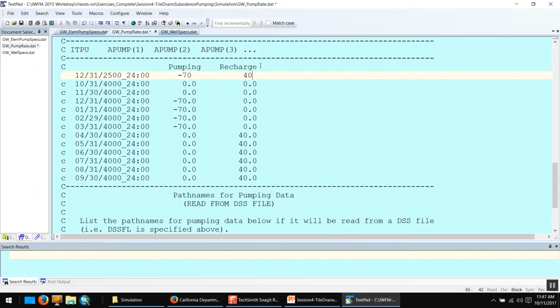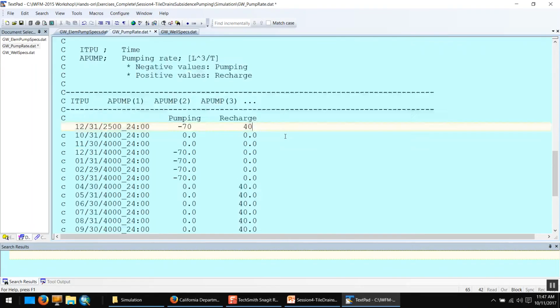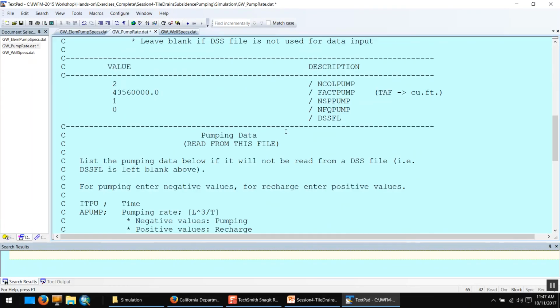Now the problem here is there's only one line of entry here, so the model will not figure out the time unit of this. Well, it's 70, but 70 what? Is it monthly? Is it daily? So in that case, you have to make sure that both your spatial and temporal conversions are built into this one here. In this case, this is doing the conversion from TAF to cubic feet, but it's still keeping it monthly.